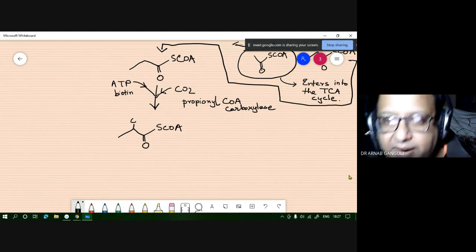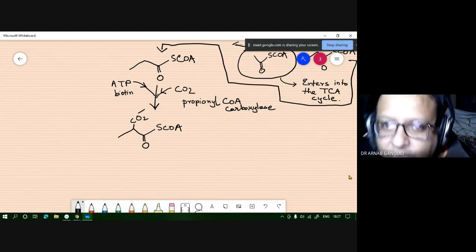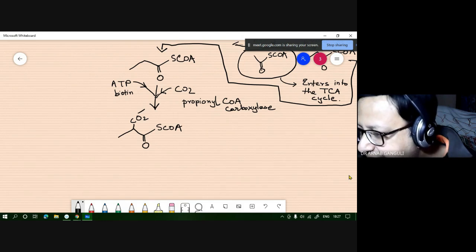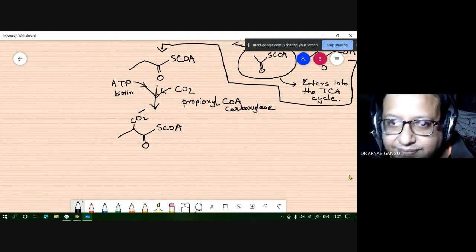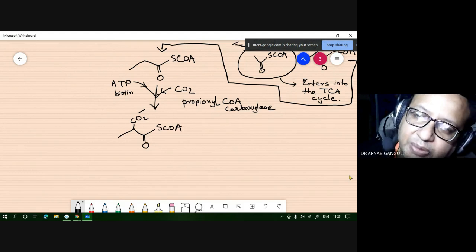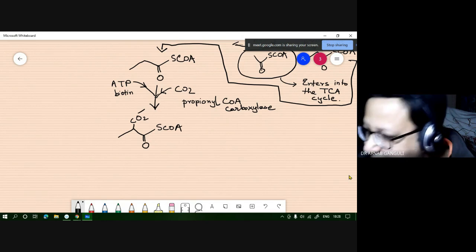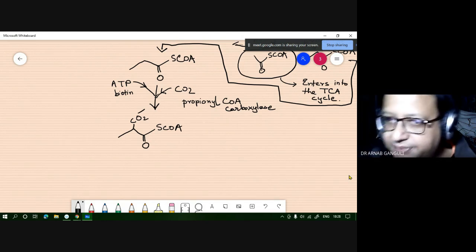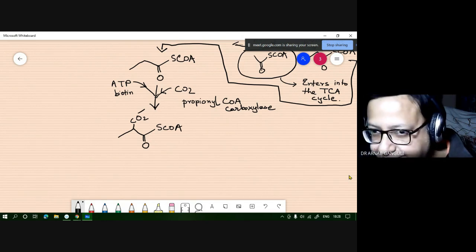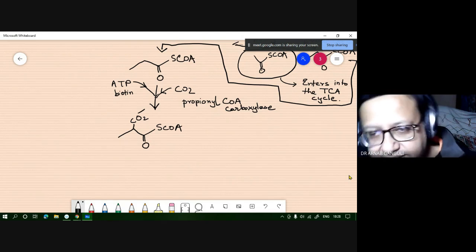CO2 minus gets attached over here. From one CO2, one hydrogen is removed, and one carbon is added over here. So this particular CO2 minus structure is formed. This is known as methyl malonyl CoA.